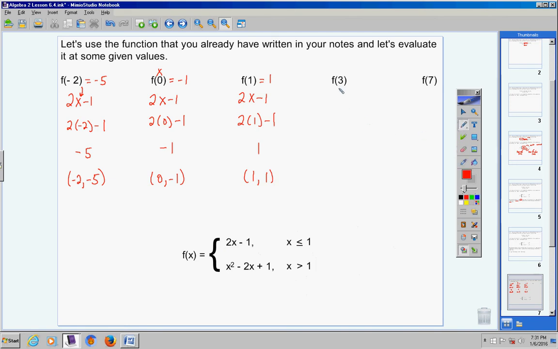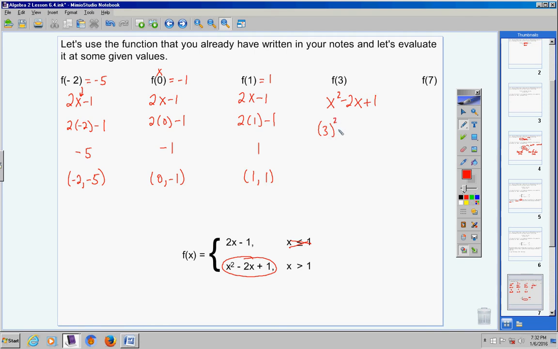f of 3. 3 does not fall into this constraint. This says all values less than 1. But it does fall into this constraint, all values greater than 1, and 3 is greater than 1. So we're going to use this function right here. Everywhere there's an x, we're going to put a 3.